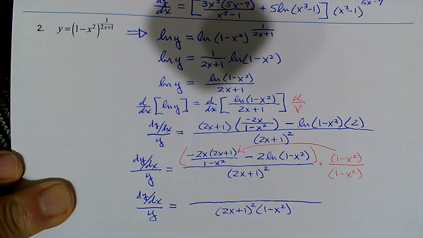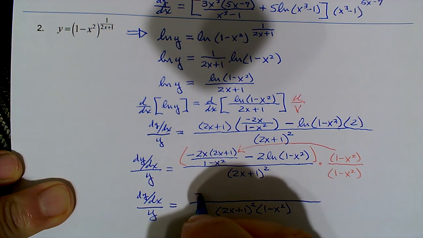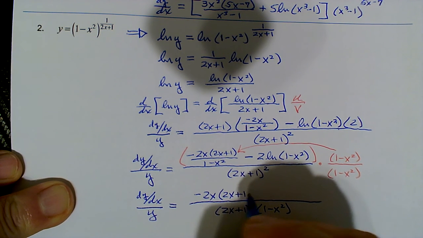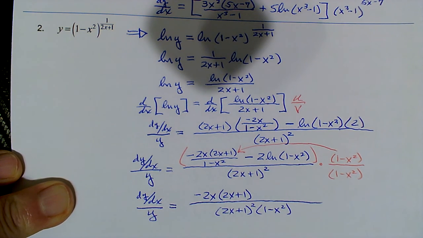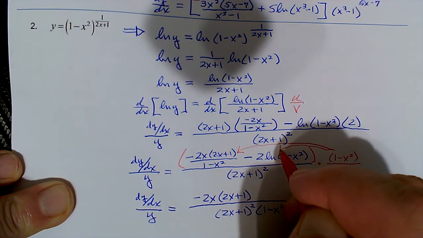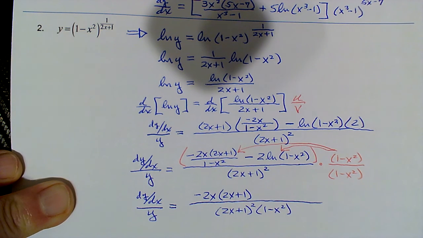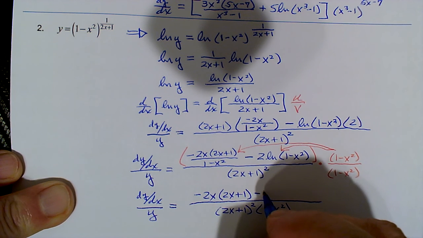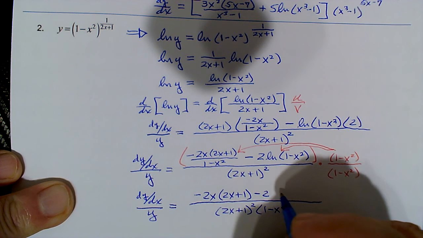That's why we did it. The 1 minus x squareds cancel, and we just get the numerator minus 2x times the quantity 2x plus 1. And then when we multiply it by the second term, distributing, that is, we just have to figure out a place we want to put it as a factor, and I would probably put it right after the negative 2.